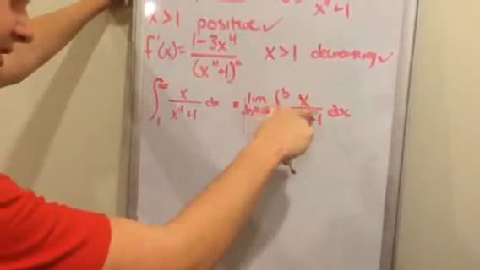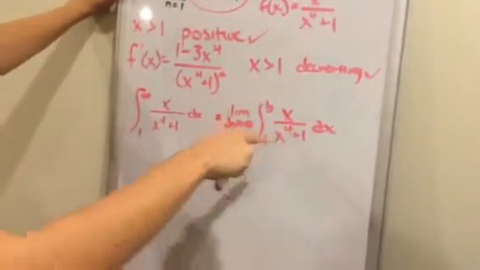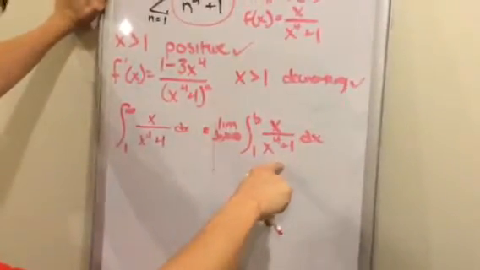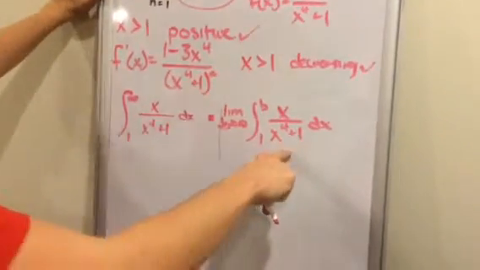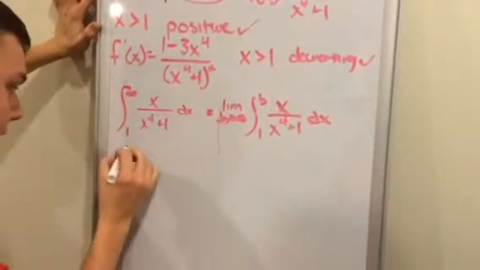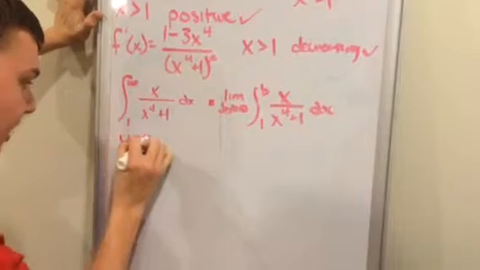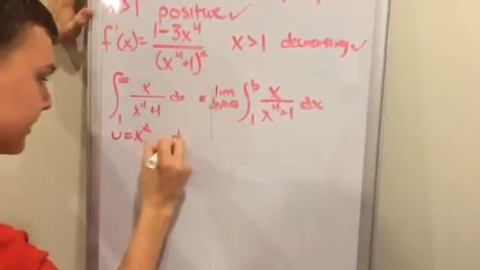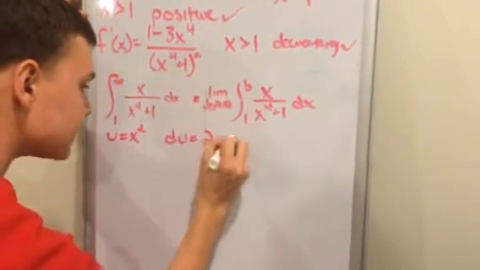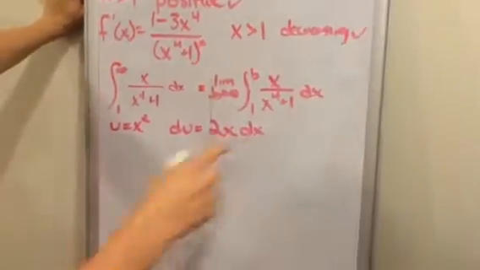Next, looking at this, it looks an awful lot like our arctangent function, where u equals x squared, meaning du equals 2x dx.